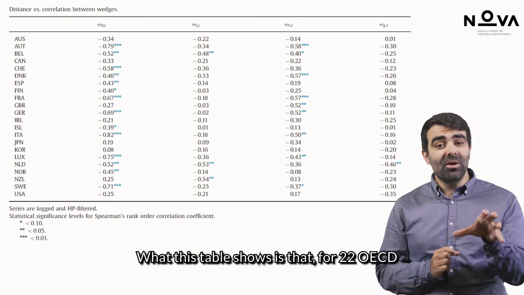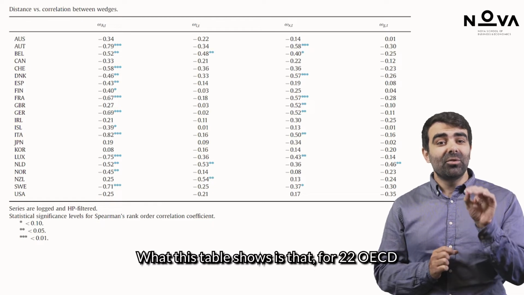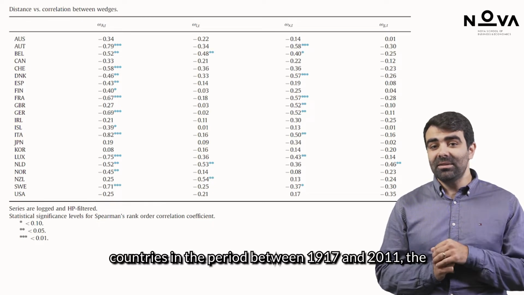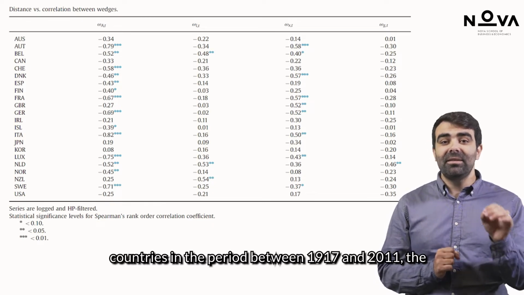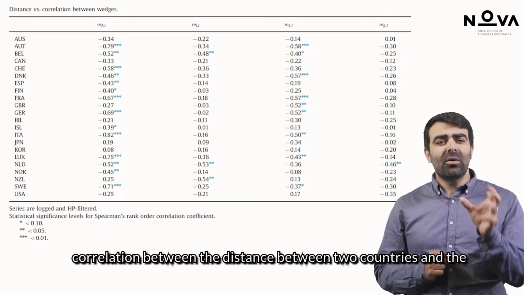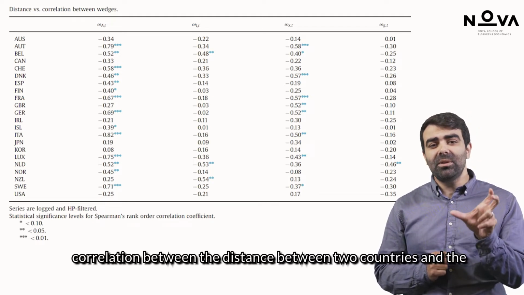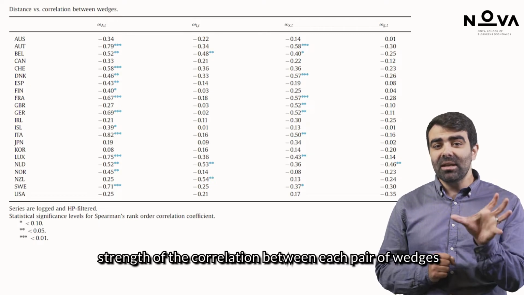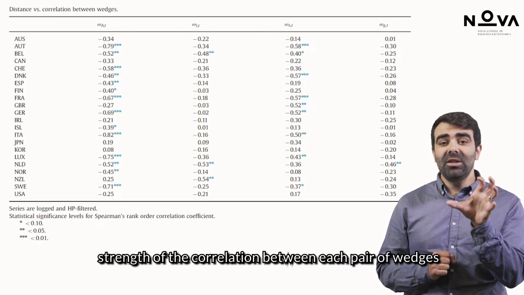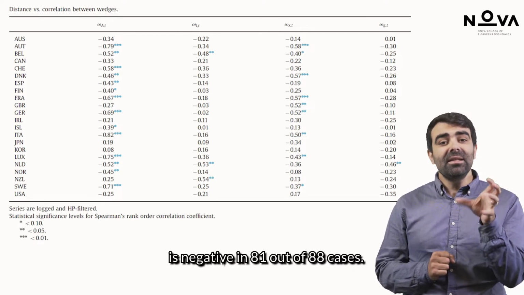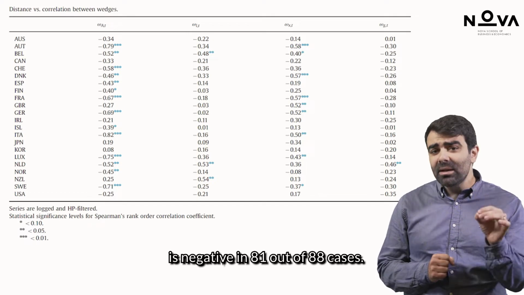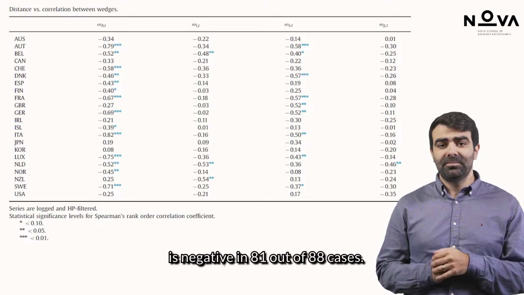What this table shows is that for 22 OECD countries in the period between 1970 and 2011, the correlation between the distance between two countries and the strength of the correlation between each pair of wedges is negative in 81 out of 88 cases.